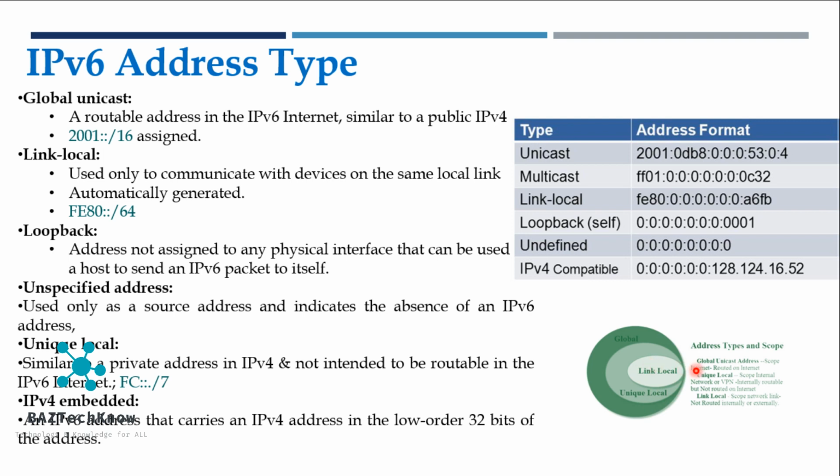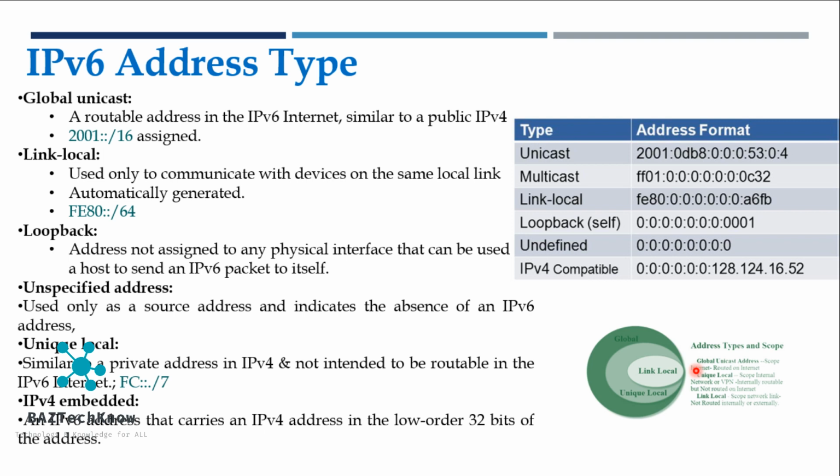So these are the main types, and loopback you already know, the self address. And sometimes you notice in IPv4 you might get an IP 169 something. This is the IP when your DHCP fails. You are not able to communicate with your DHCP server.